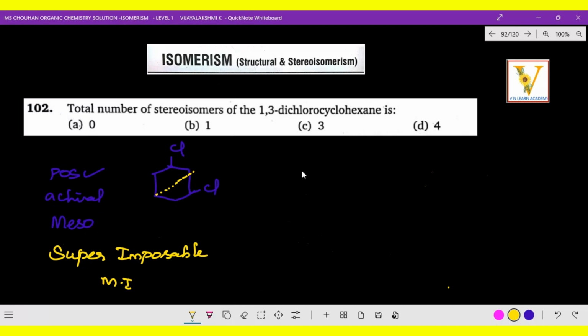Here, let me draw the structural formula: cyclohexane, in which one side is a wedge and the other side is a dash. As I mentioned, this is 1,3-dichlorocyclohexane. Here you can identify the chiral centers.